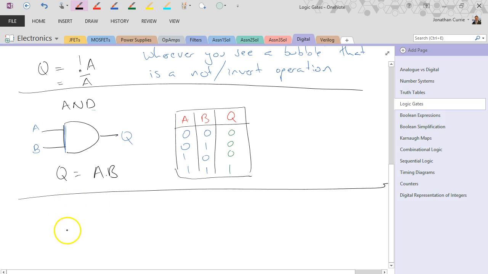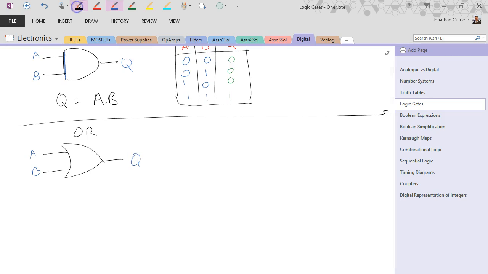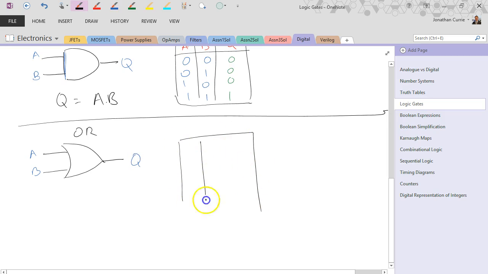Alright, so the multiplication or a dot here in Boolean means it is an AND operation. Next one we have is the OR gate. Also having 2 inputs and 1 output. A, B, and Q. Our truth table will also have 4 rows: 0, 0, 0, 1, 1, 0, 1, 1.